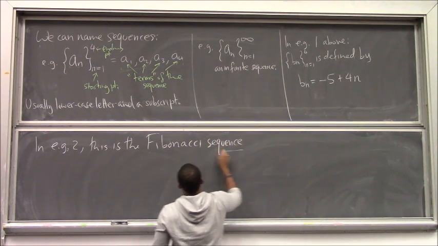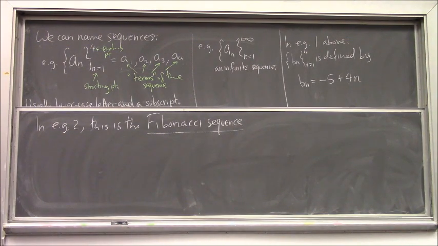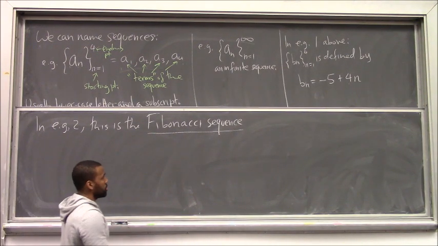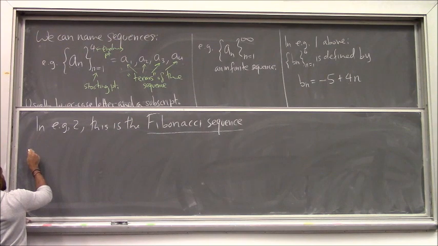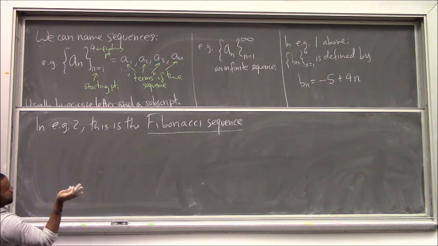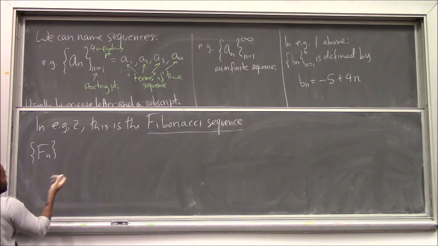Now its definition is what we would call a recursive definition. There is a way to find a closed formula for it, but we're not going to worry about that. They usually use an uppercase letter for that sequence, but whatever.